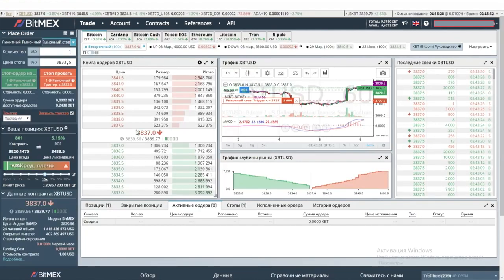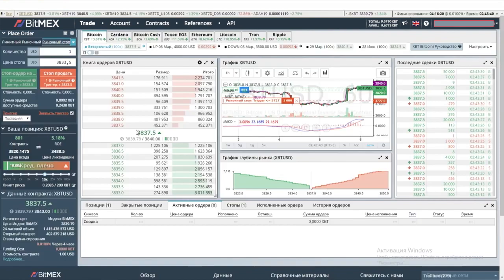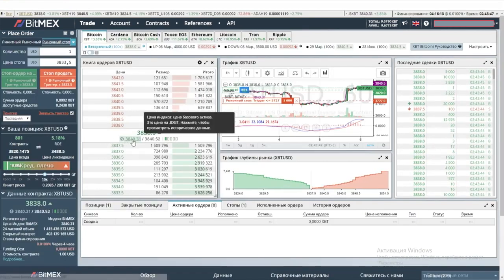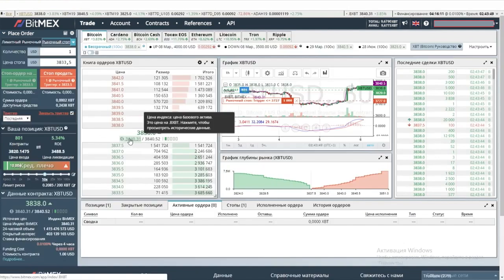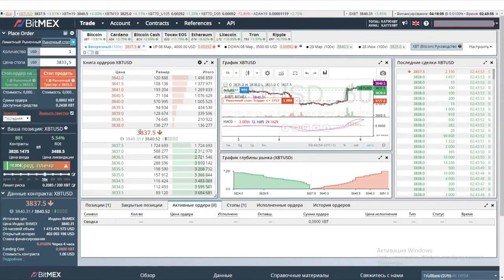What is the trigger here? There is a drop-down list. It allows you to select whether the trigger will be based on the last price, the mark price with the globe, or the index price. As you can see, these prices are slightly different, and there is a reason for that. This is the green or red price, and this is directly the price of the asset on BitMEX. Next we have the index.